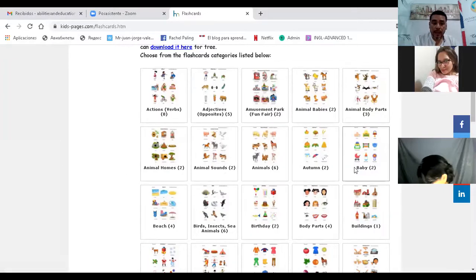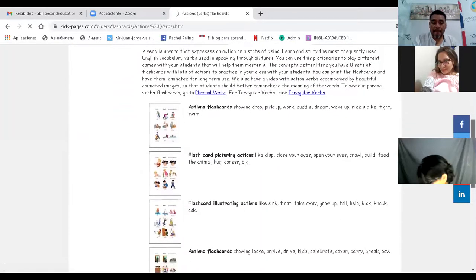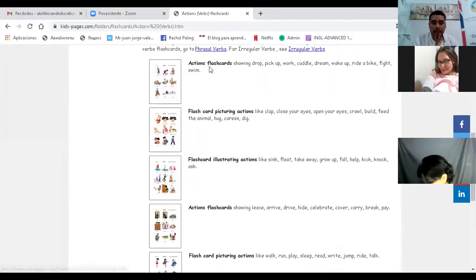Action verbs. Action verbs, all right. You just click here. And there are different categories: actions, flashcard, picturing actions, illustrating actions, actions flashcard. Let's choose the first one.